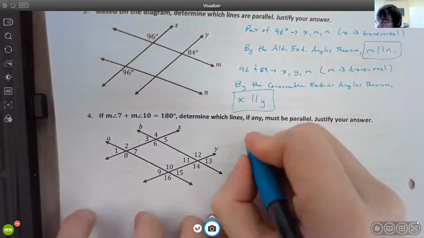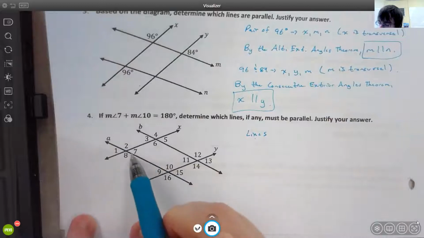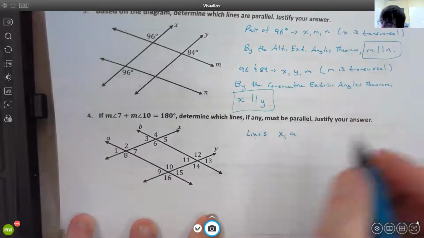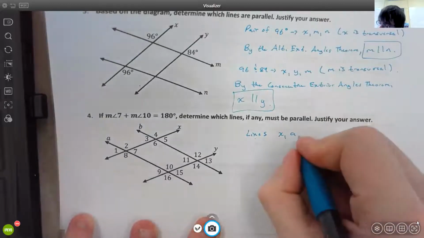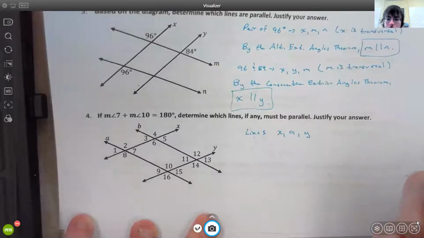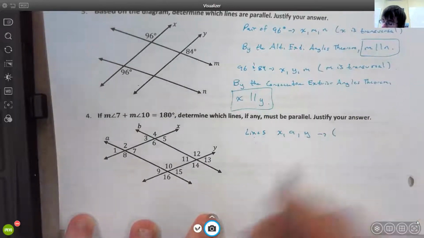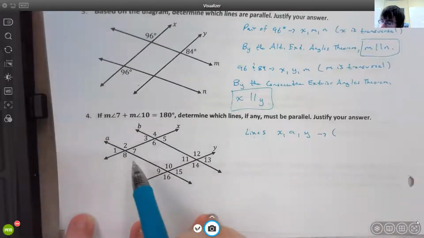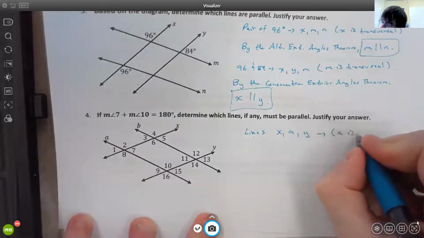Well, 7 is attached to line X and A, and then 10 is attached to lines Y and A. So we have to see which one of those is the transversal. And we see that A cuts both X and Y, so that means that A is the transversal.